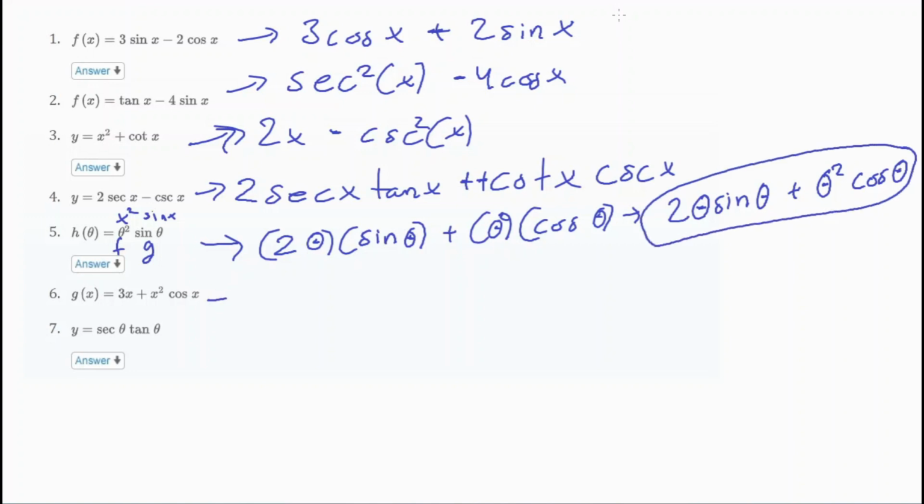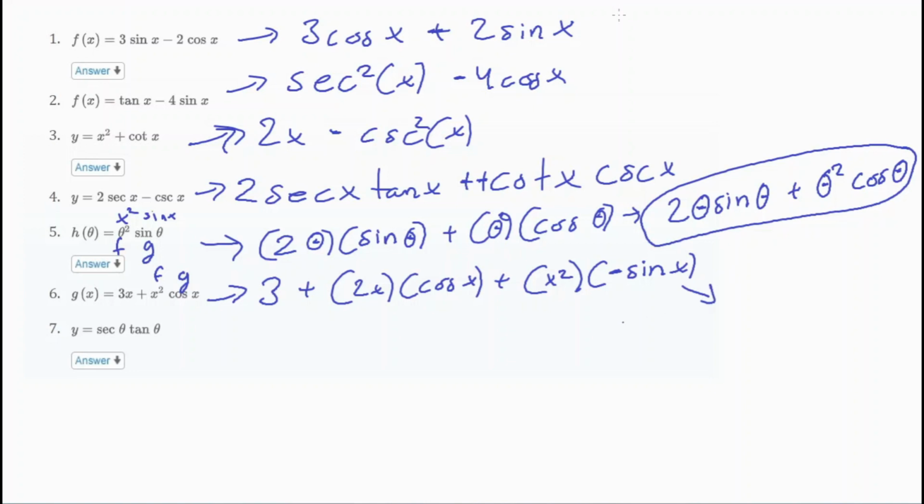And now we have number 6. Number 6 is going to be a little bit of the power rule and the product rule. So for 3x, we could just use the power rule. That's going to be 3. And then for x squared times cosine, we have f as x squared and g as cosine. So we're going to have plus f prime, which is 2x, times g, which is cosine x, plus f, which is x squared, times g prime, which is negative sine x.